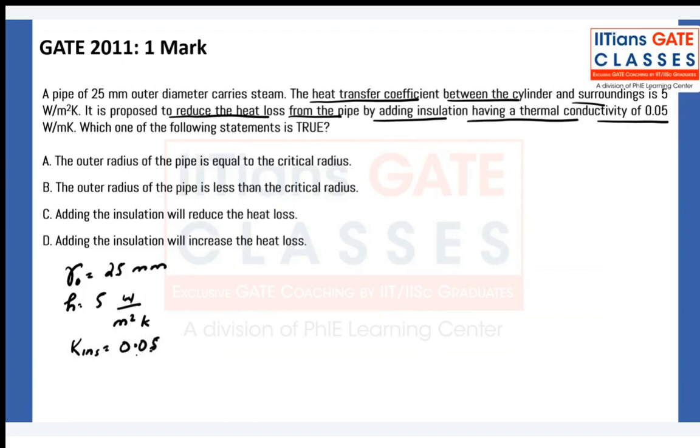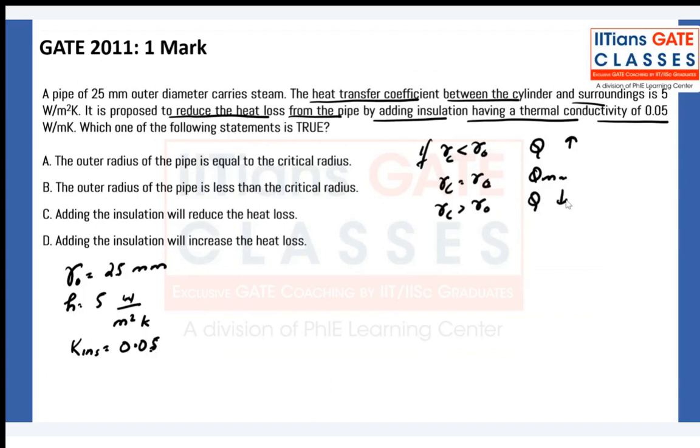If the critical radius is less than R naught, then adding insulation will reduce heat transfer. If it is equal to RC, then heat transfer is maximum, and if critical radius is greater than R naught, then heat transfer will increase. Let us find out RC first.